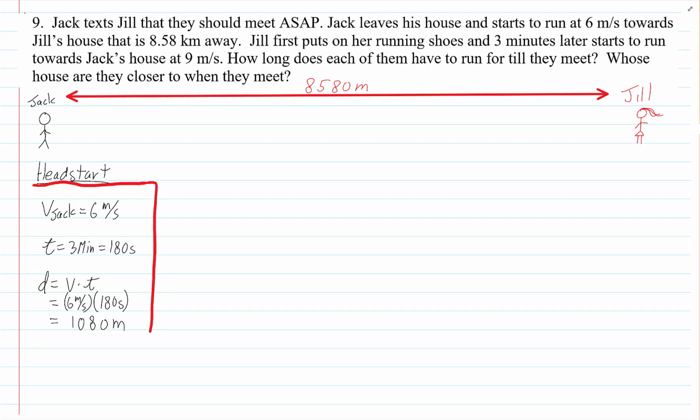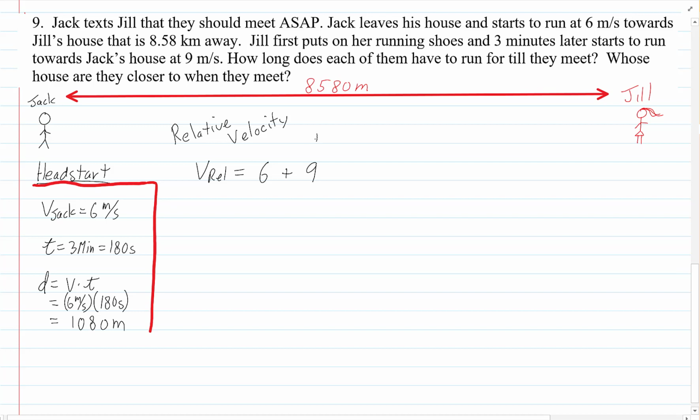Now we're going to start the relative velocity. Now, why is it relative velocity? Because both are running. So V_rel, the relative velocity, write down both of their speeds, 6 and 9. Do we add them or subtract them? Since they're towards each other, we add.